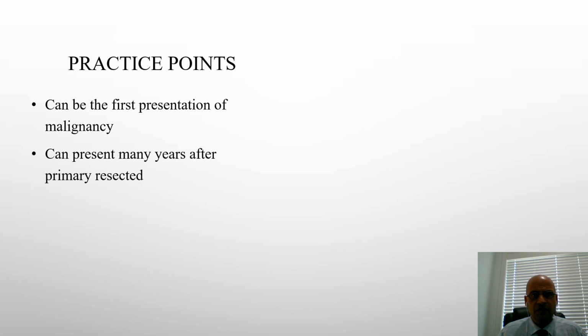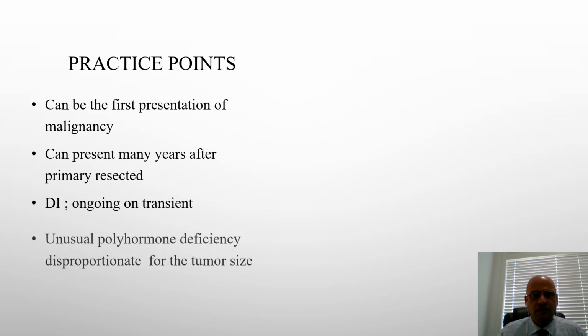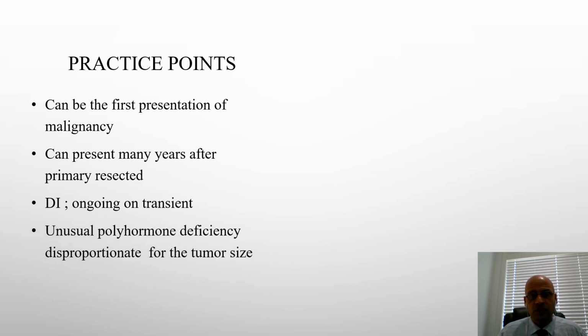And of course it can present many years after the primary was resected, as with our first patient with renal cell carcinoma. 17 years ago he underwent left nephrectomy, and 17 years later he developed the pituitary metastasis without cerebral involvement. DI can be ongoing or transient, with unusual polyhormone deficiency disproportionate to the tumor size.